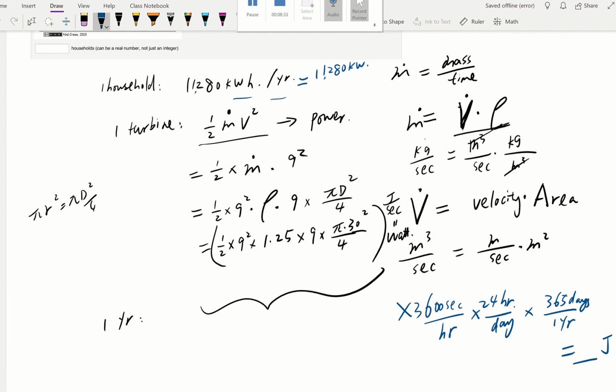And that hour is going to be how many seconds? 1 hour is 3,600 seconds, right? And hour and hour cancel out. You will get kilowatt seconds.